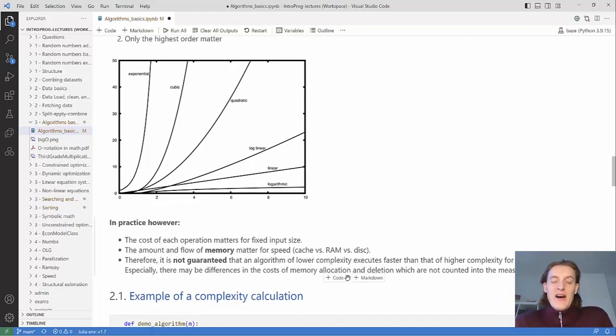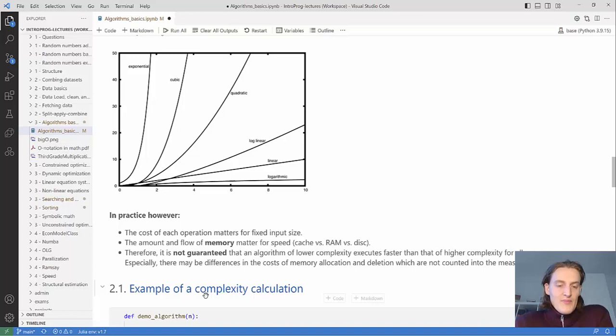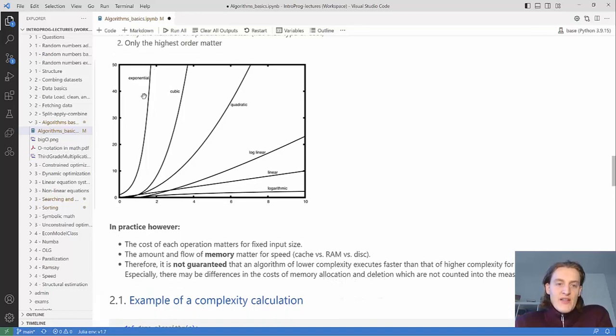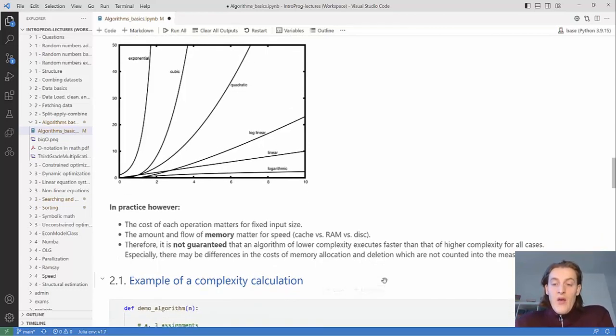This is a little bit harder to get at and think about and fix, especially in the beginning, so it's not really something you should worry about. You should just know that complexity is not the main thing, but it's something that's easier to do something about. And especially if you have something of exponential complexity, then updating it to something like log linear will help you a lot. Yeah.